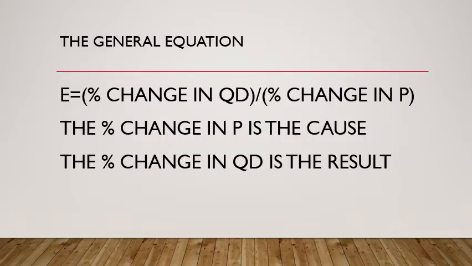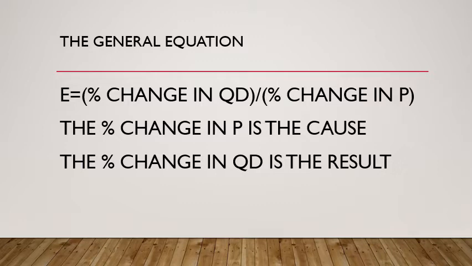The most general equation to mathematically calculate the price elasticity of demand is the following. E, which from now on will represent the price elasticity of demand coefficient, is equal to the percent change in quantity demanded divided by the percent change in price.